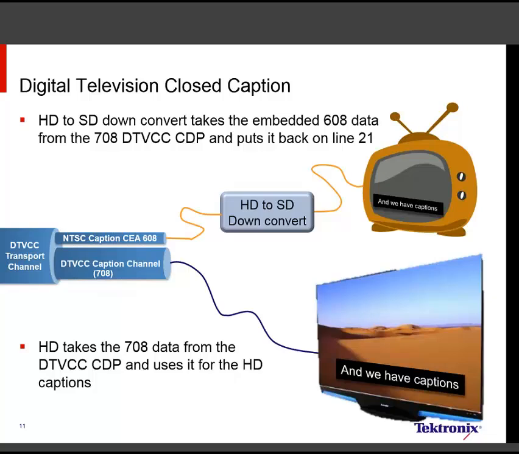So that's why they decided to include a 608 native caption payload in the stream, so we could just grab that caption payload, down convert it, put it on line 21, and on our SD sets we'll have captions. Then we take the 708 payload and we take that directly to the HD receiver.